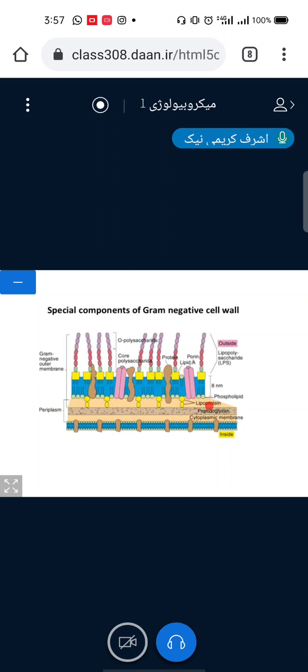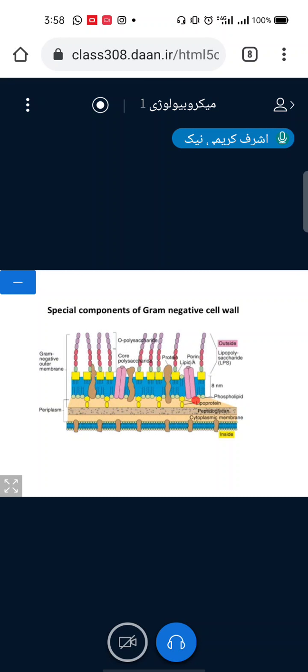And porin, a type of protein, a triple protein, in purple color. Porin, a type of protein in the outer membrane. General protein, brown, and lipoprotein.